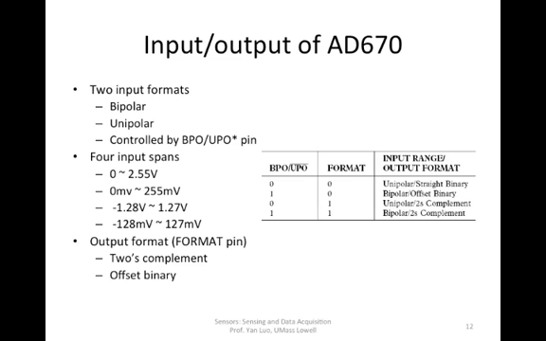Now we want to look at the input and output of this chip. For input, you know that you're going to input a voltage. Now for input voltage, you have two common scenarios, and both are supported by this chip.